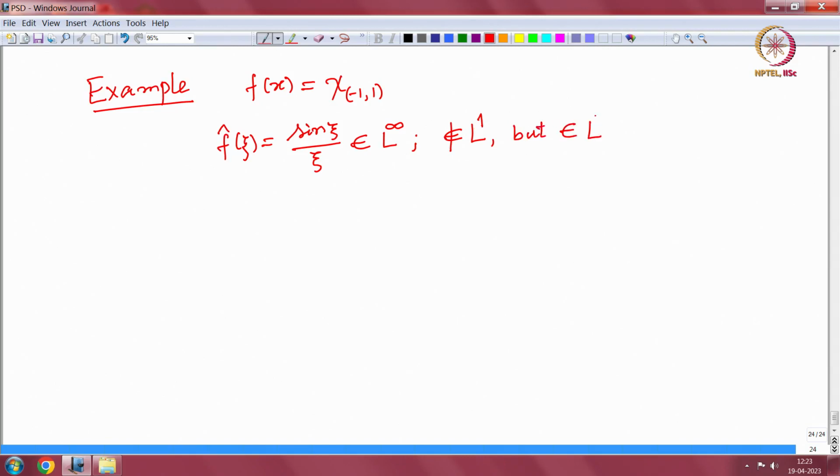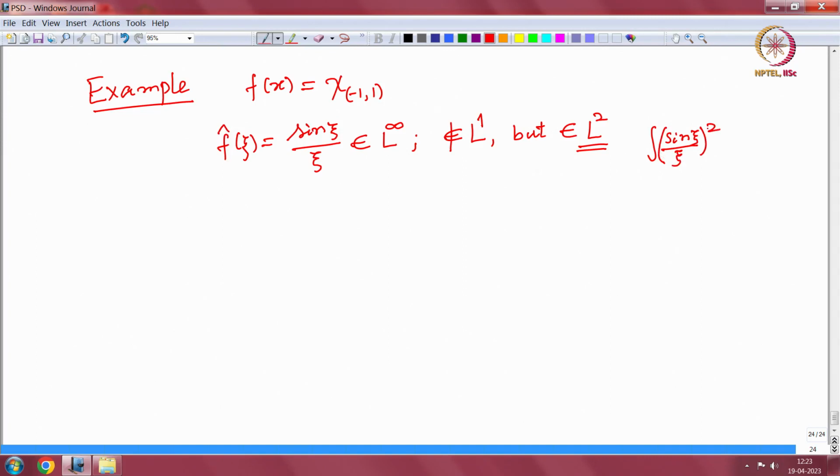If you have not done this, you should do it. Because it belongs to L2, we have a way of computing the integral of sin j by j squared.